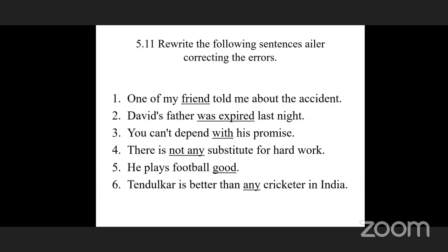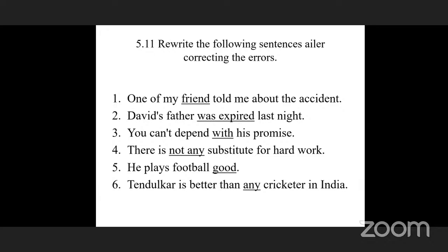Remember one thing. First, have a look at this: One of my friend told me about the accidents. So where is the mistake? You have been given that. The mistake is under friend. So what you need to do is write the same sentence by correcting the mistake. What is the mistake there? I told you in yesterday's class itself. After one of, there must be a plural noun. That's why one of my friend is wrong.